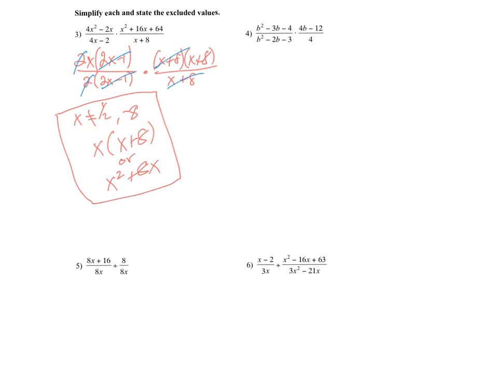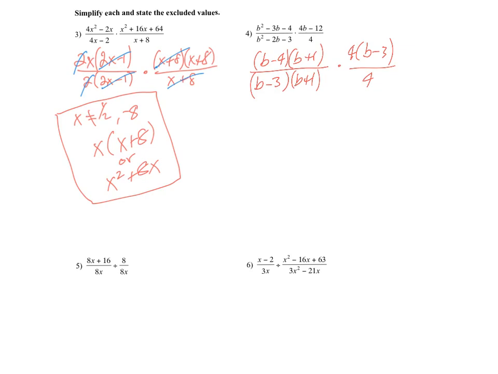Problem number 4. Again, we're going to factor the numerator, b squared minus 3b minus 4, which factors as b minus 4 times b plus 1. The denominator, b squared minus 2b minus 3, factors as b minus 3 and b plus 1, times, again, we're going to pull out the greatest common factor of 4b minus 12, which is 4, giving us b minus 3, and 4 is already factored.